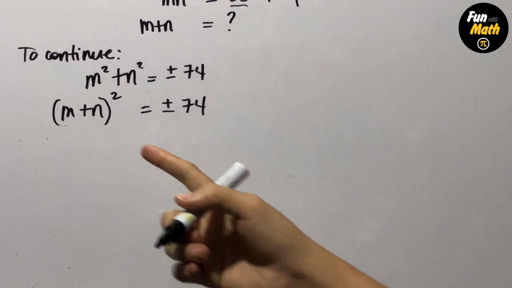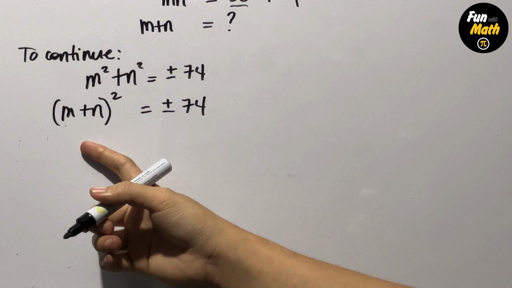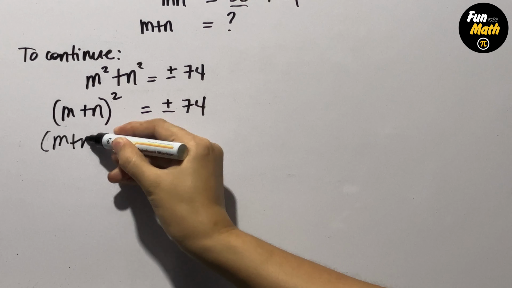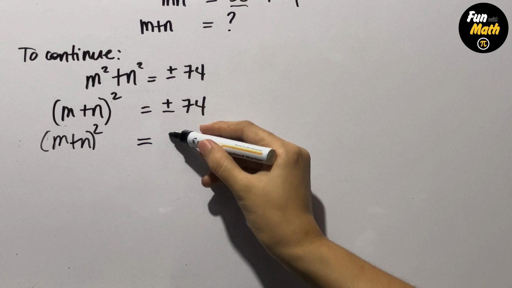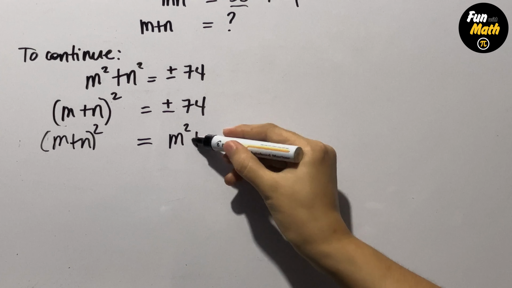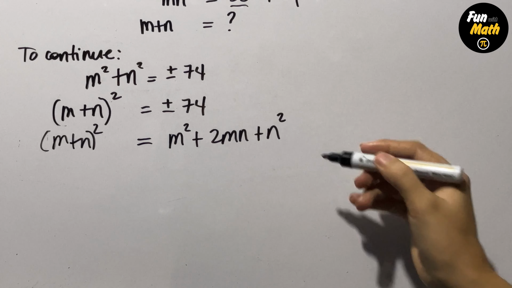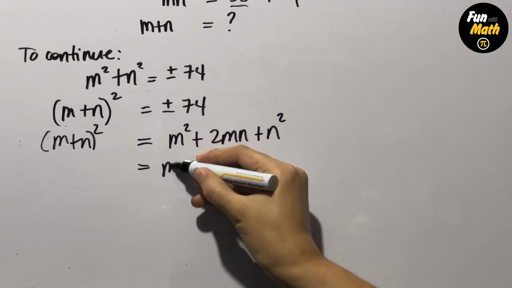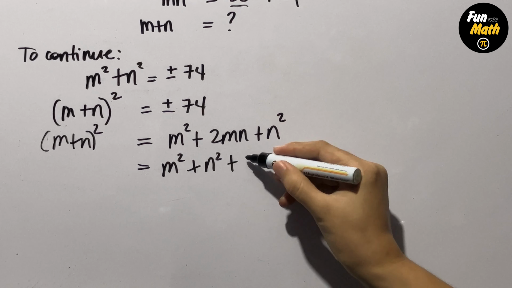Now to continue, this is an identity, and we can take its expanded form. So m plus n squared is equal to the expanded form, which is m squared plus 2mn plus n squared. And we can arrange this as m squared plus n squared plus 2mn.